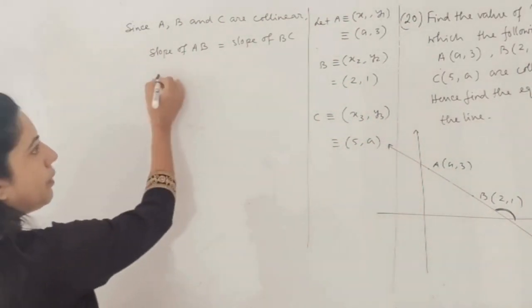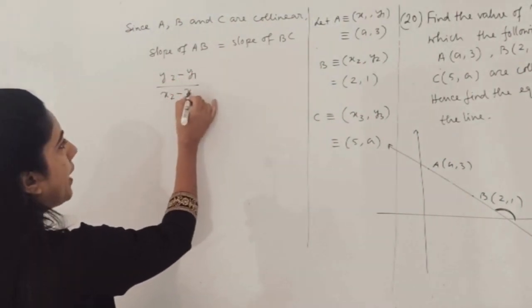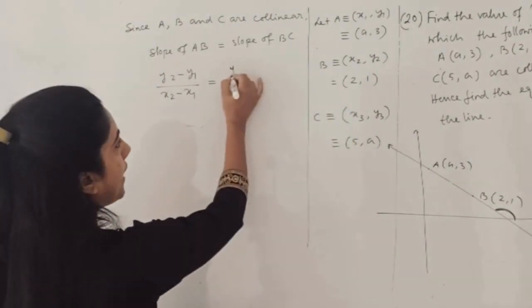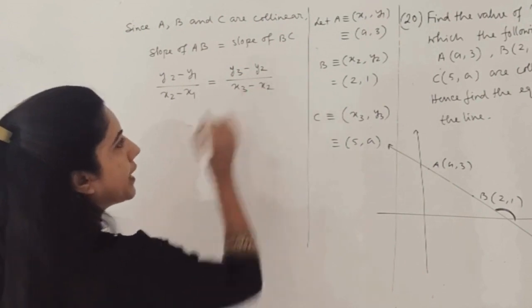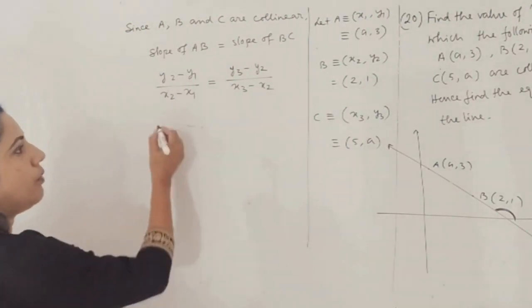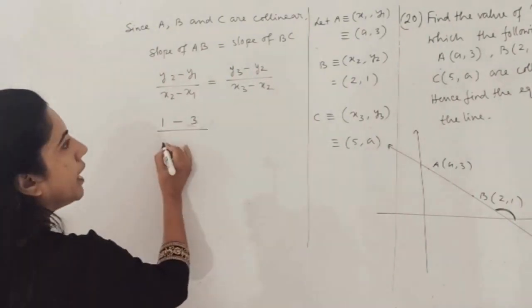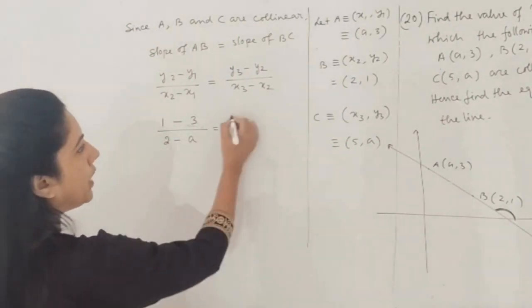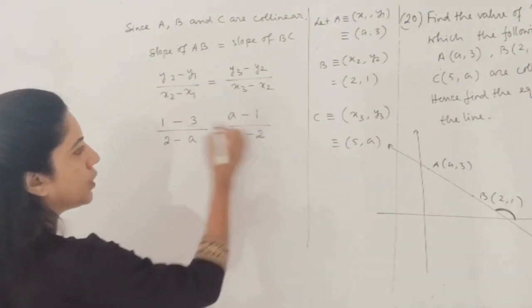So slope of AB will be what? y2 minus y1 upon x2 minus x1. And slope of BC will be what? y3 minus y2 upon x3 minus x2. Now put the values. y2 is 1 minus 3, x2 is 2 minus a, y3 is a minus 1, x3 is 5 minus 2.